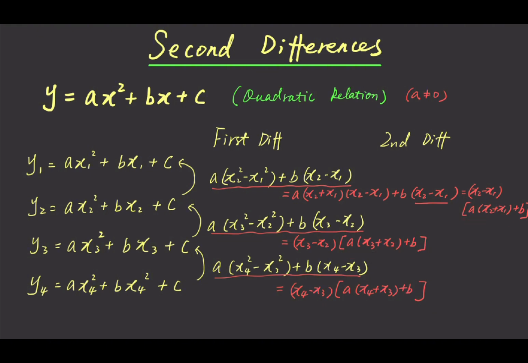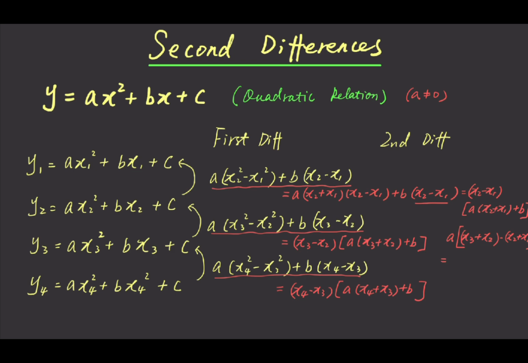So we use this expression minus this expression. You will find out the difference should be a times x3 plus x2 minus x2 plus x1. We isolate a.